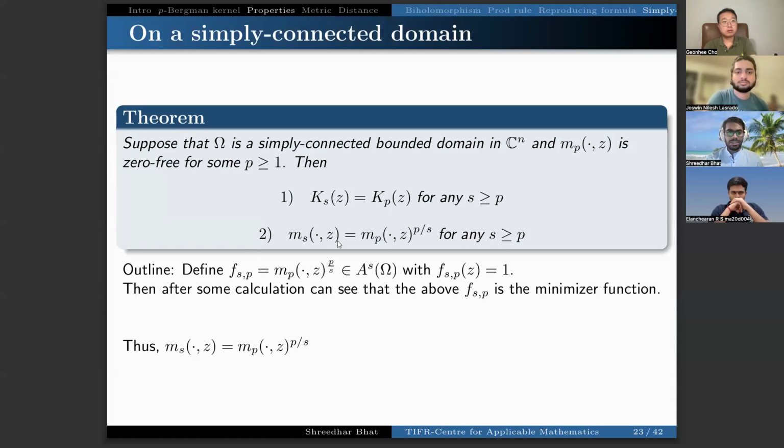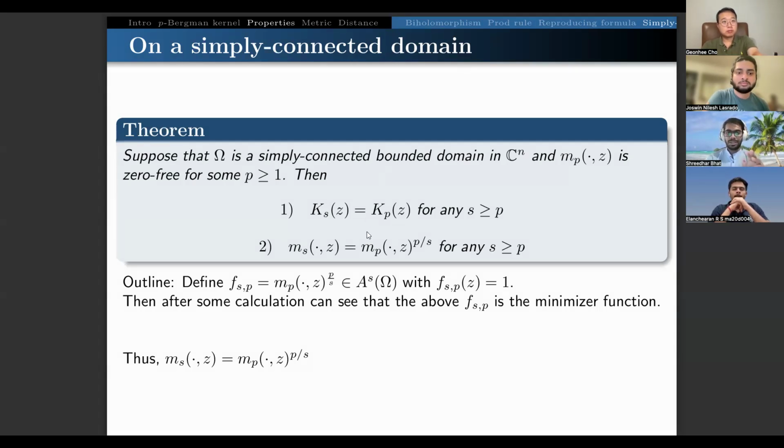Now, one other nice thing is if you're restricting yourself to simply connected domains, and you make an additional assumption that this minimal function, or the p-Bergman kernel, is zero free, then you can define this M_p nicely, right? M_p raised to any power, you can do it nicely.